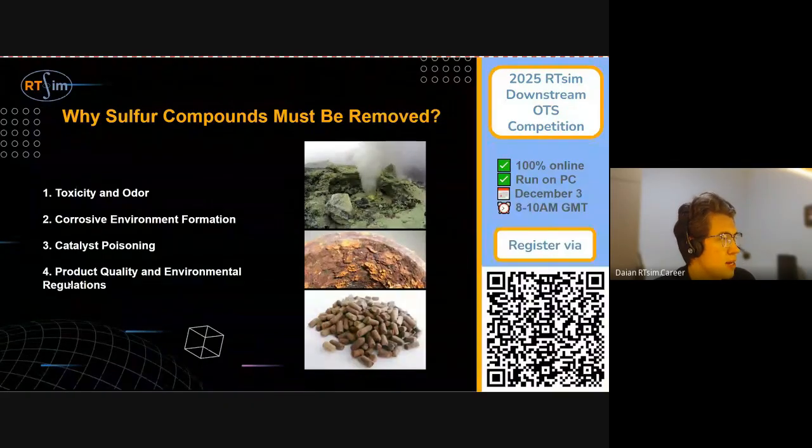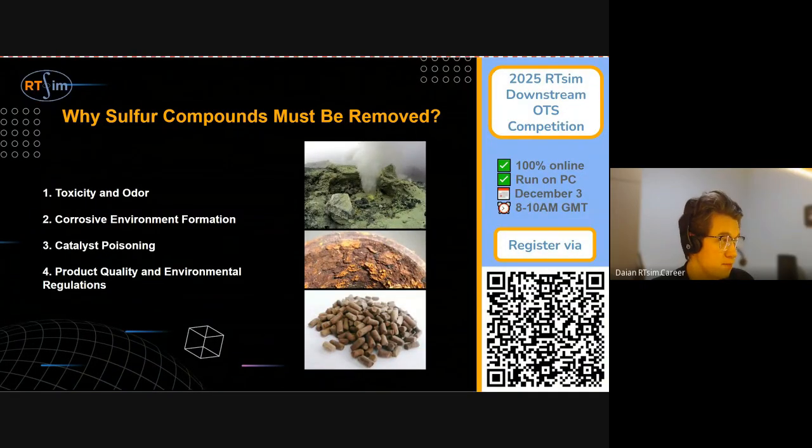Even a trace amount can deactivate the catalyst and decrease its efficiency, reducing process product yield. And mercaptans are catalyst poisons that deactivate refining catalysts.